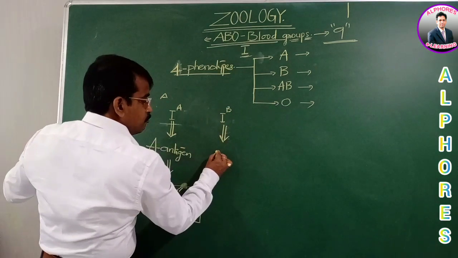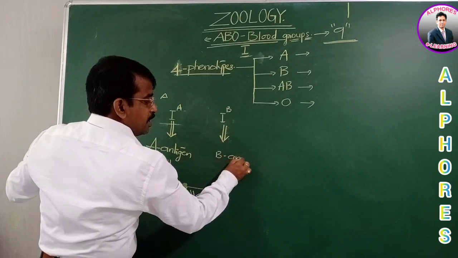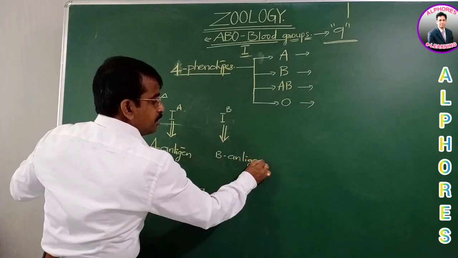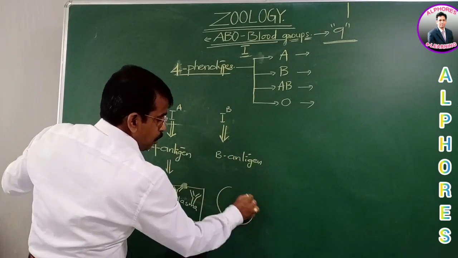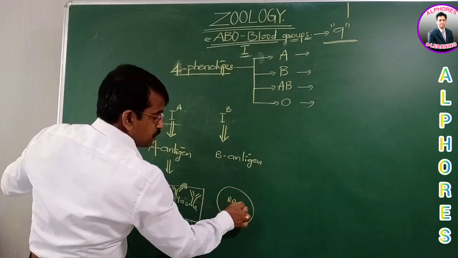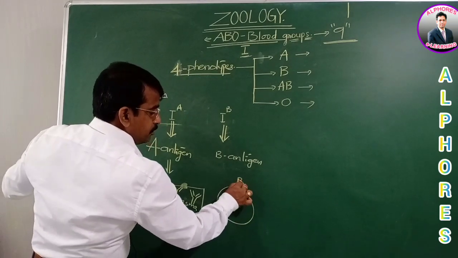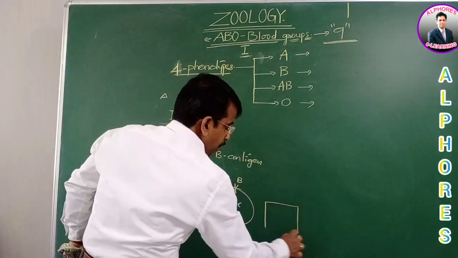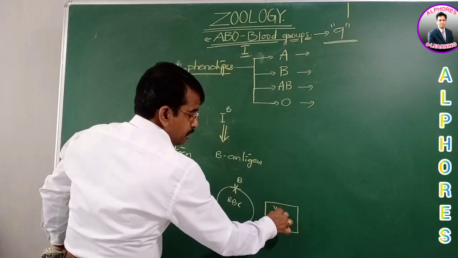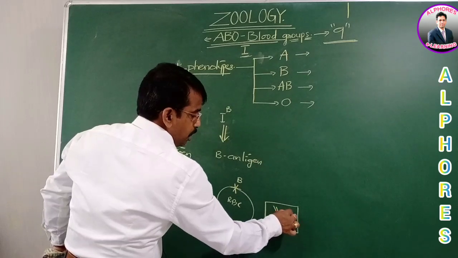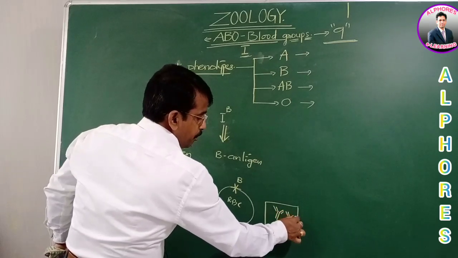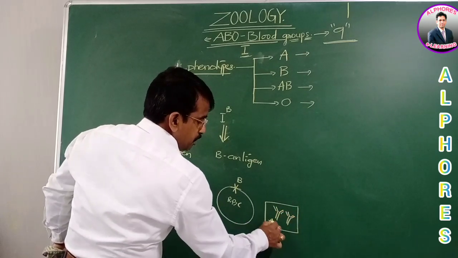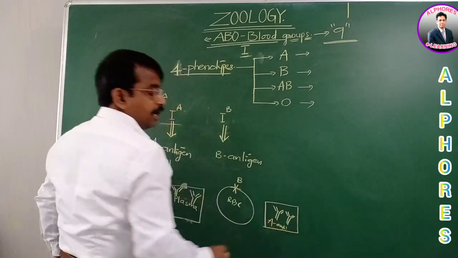IB allele produces the B antigen, which is present on the plasma membrane of the RBC, and this is its plasma. It will have the opposite antibody, that is, it is with the A antibody.